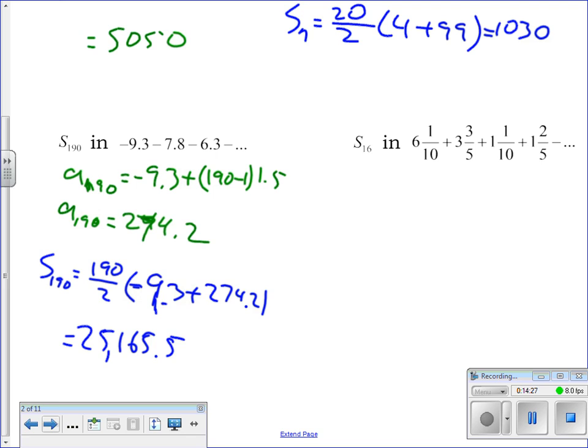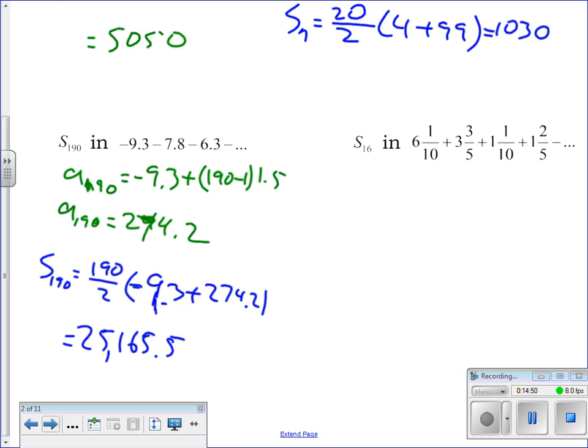We got to figure out what d is. So I take a number, and your calculators, my calculators that you're borrowing, will do mixed fractions. You just have to hit the fraction key twice. So I want to type in 3 3/5 and subtract 6 1/10 from that.